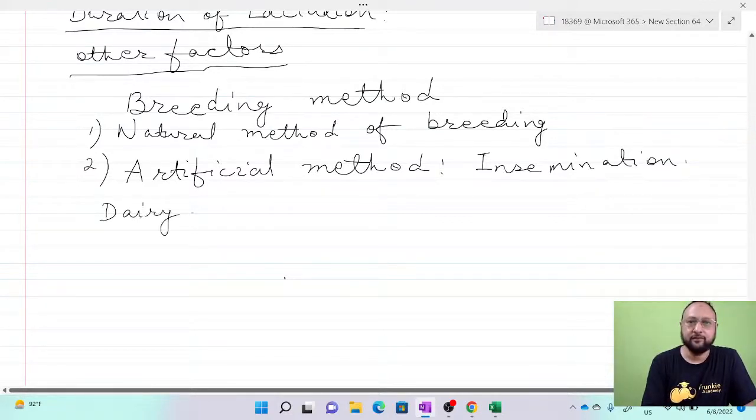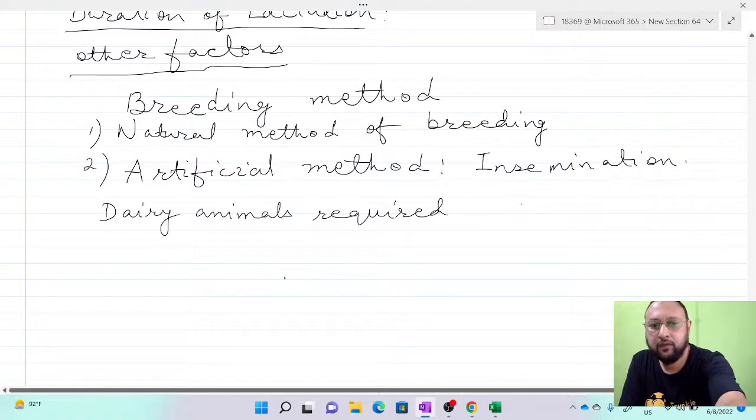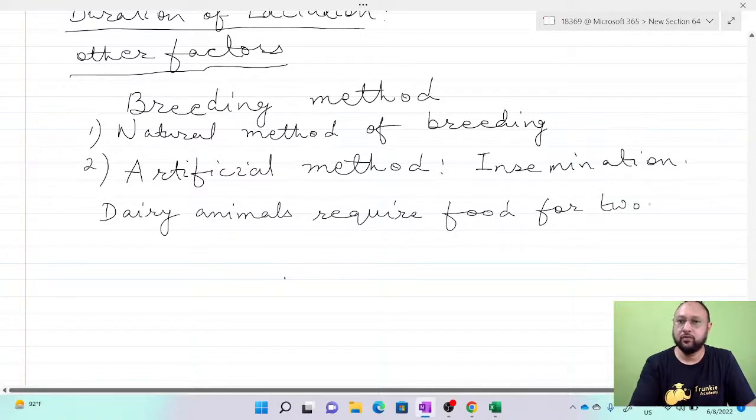Dairy animals require food for two basic purposes.